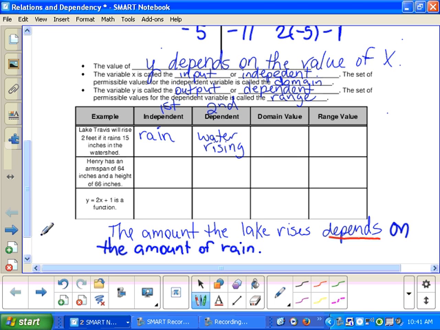Value means exactly that. If you have a value, this is a number. So for this particular example, we're talking about a domain of 15 inches rising 2 feet.